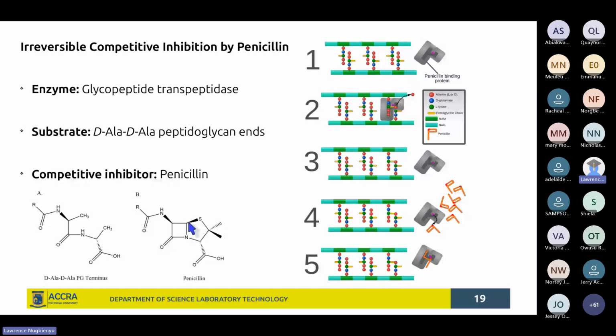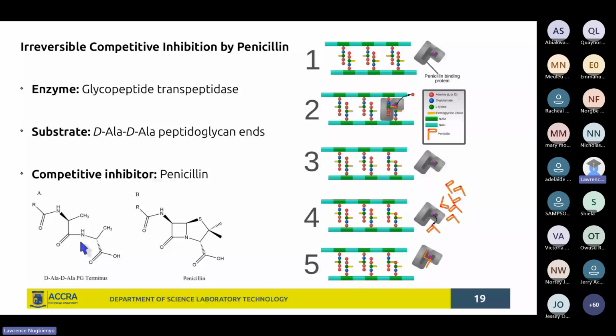And if you compare that to the substrate that this penicillin is competing with, what do you notice? You notice that the peptide, the alanine terminus, which fits into the active site of that glycopeptide transpeptidase, is like an open ring.